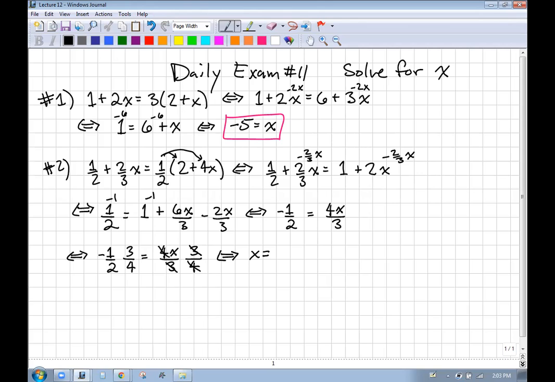Now I have x equals negative 3 times 1 is 3, 2 times 4 is 8, negative 3/8. All right, any questions?